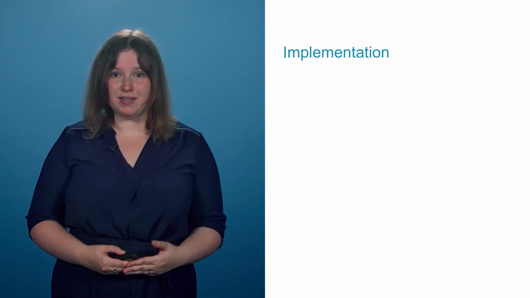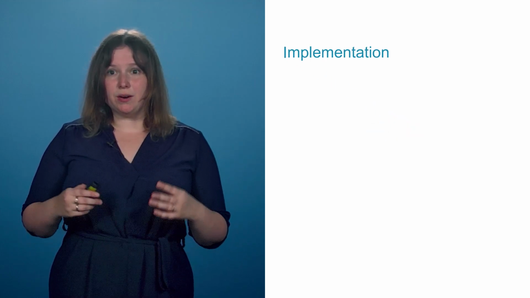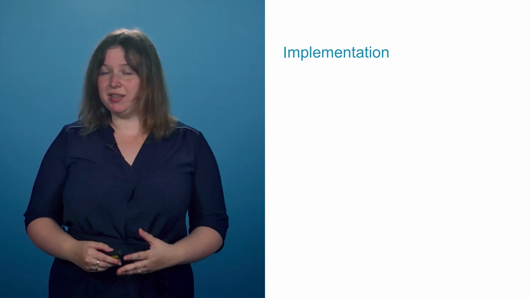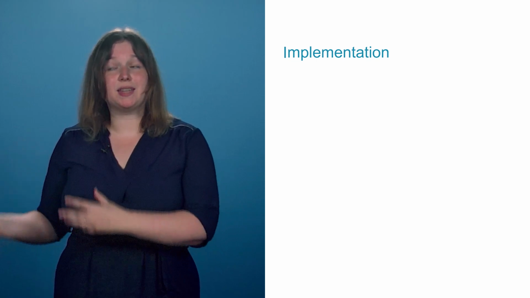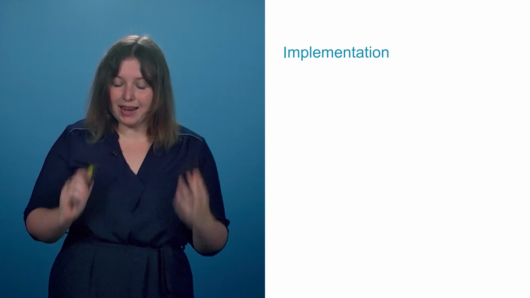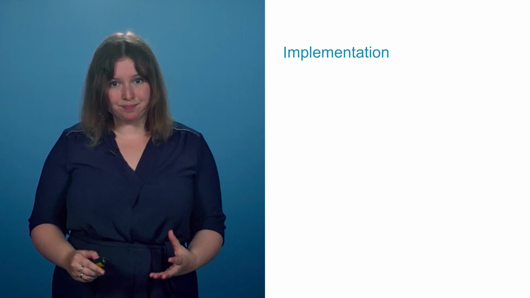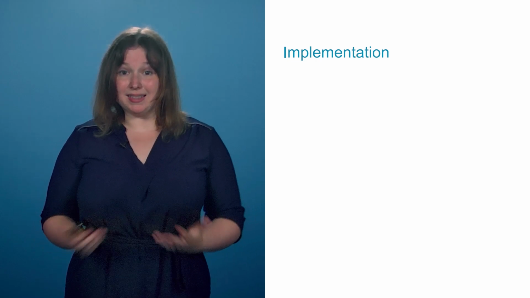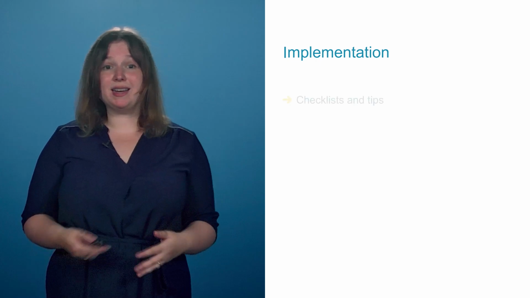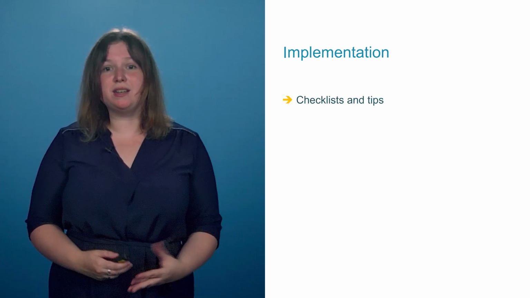Next, we move on to the fourth phase of the ADDIE model, the implementation phase. This is the phase where the instructional strategies and materials that you have created in the previous phases are actually put into practice. Generative AI can assist you in this phase by providing checklists and tips for effective delivery.